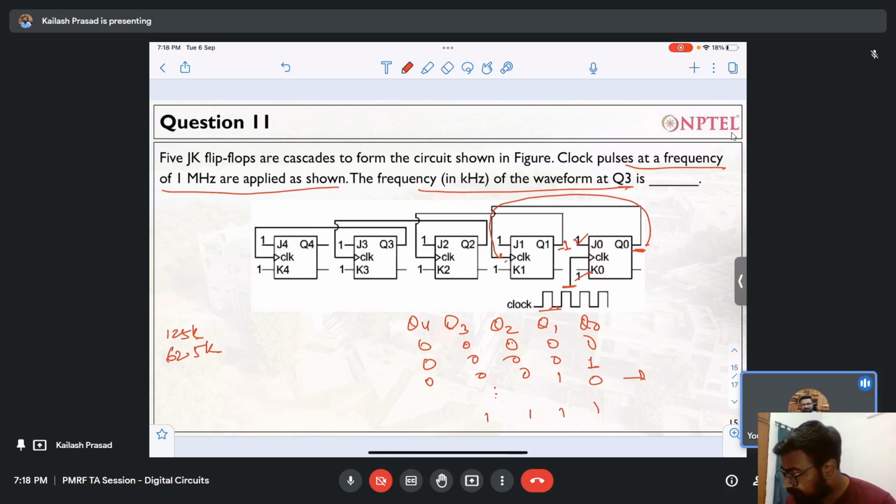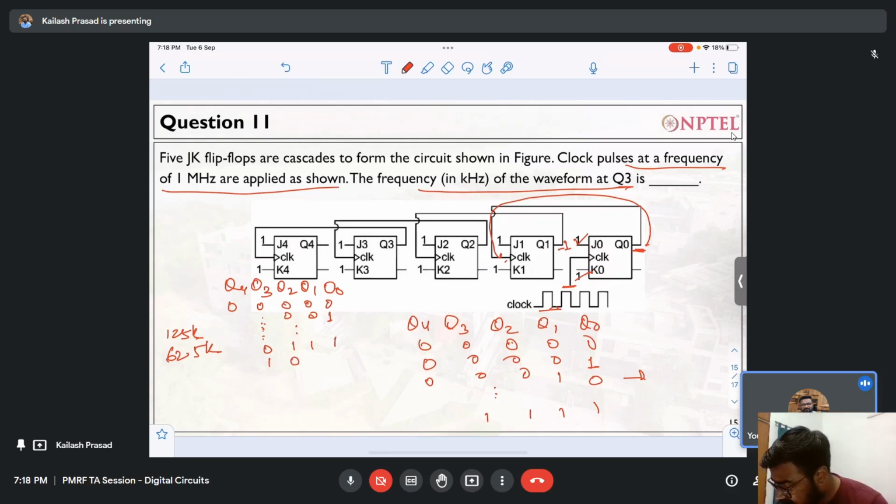So if you see Q3, Q2, Q1, Q0, and Q4, initially it was 0 0 0 0, and it will just keep on happening like this, 0 0 0 1, and so on. At the seventh clock cycle, it will be 0 1 1 1, and then it will become 1 0 0 0.